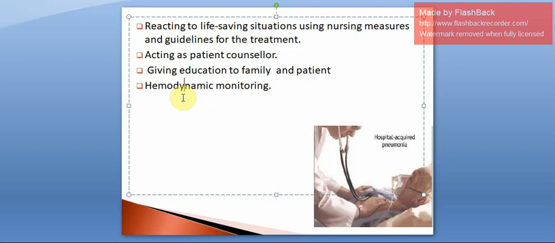And the invasive methods will include arterial monitoring of BP, or placing the patient on an IEBP monitor or CVP, that is central venous pressure monitoring. All that comes under hemodynamic monitoring.